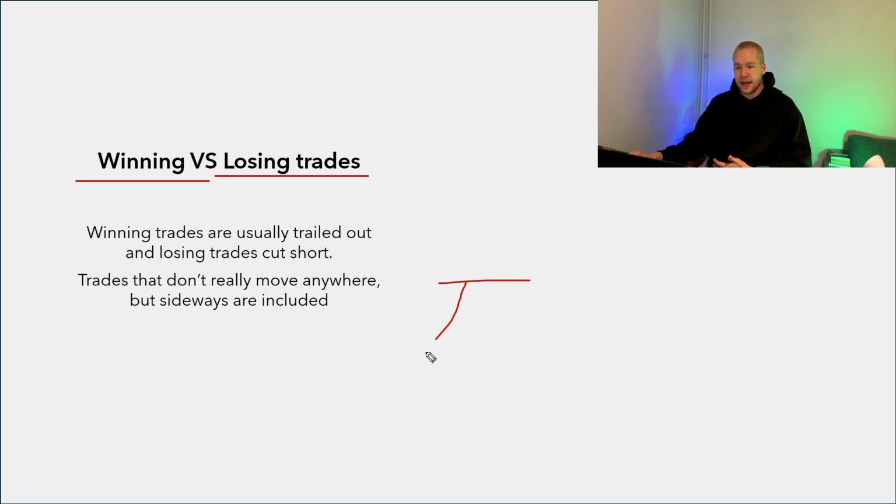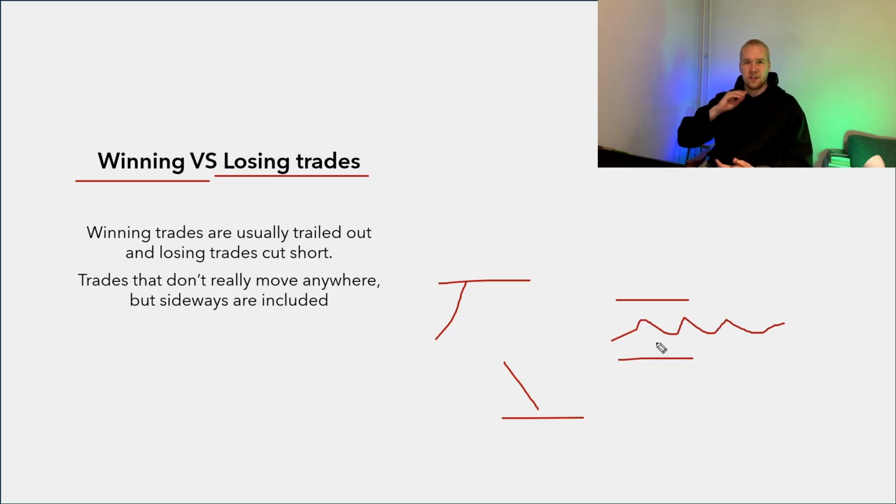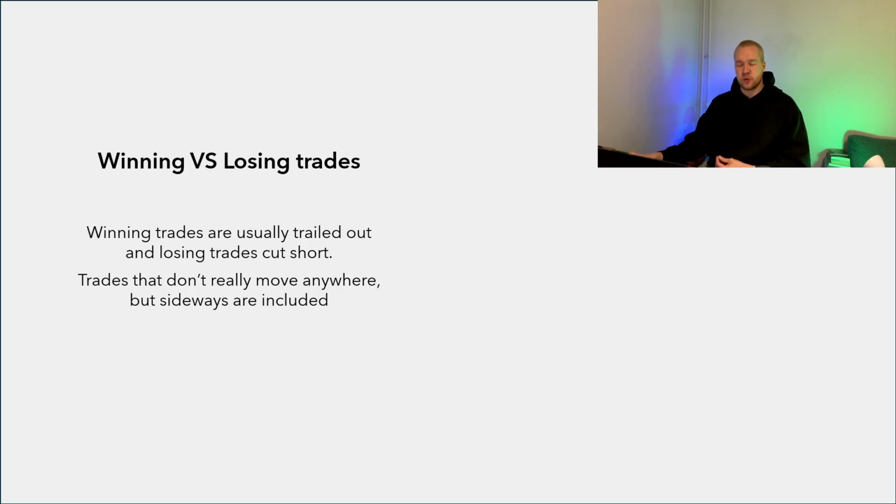A losing trade is when price is clearly going against you, but you haven't quite reached the stop loss yet. And then the sideways trades are where price is kind of moving in between your target and your stop loss, but it's not necessarily pushing hard either way. Those are the three situations or examples which we're going to talk about in this video.